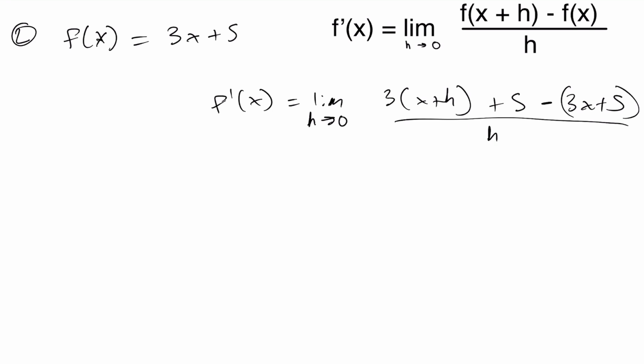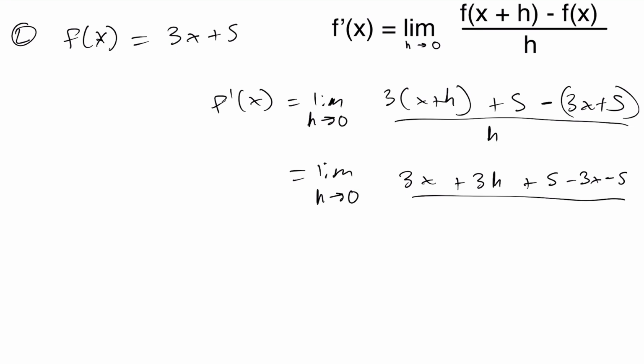From here, we're going to simplify the numerator. So this is equal to the limit as h approaches 0 of 3x plus 3h plus 5 minus 3x minus 5, all over h.